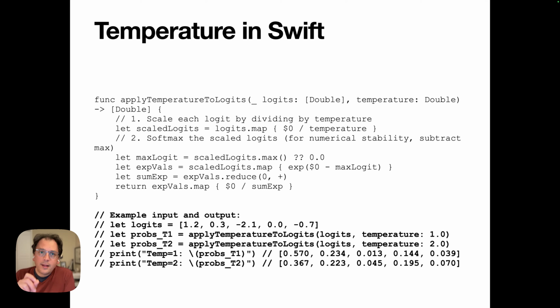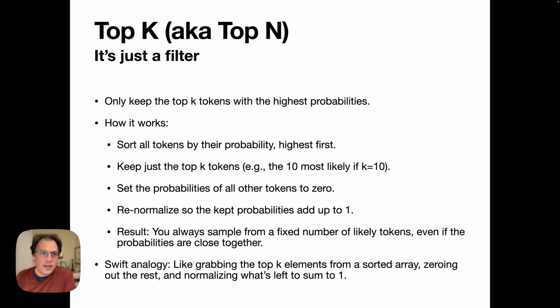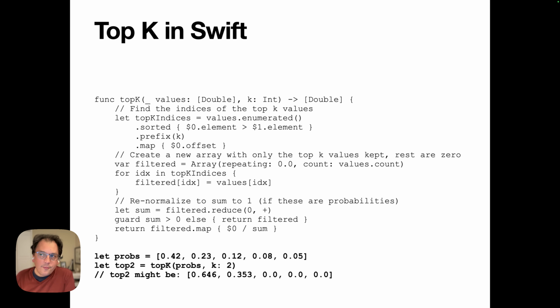I should explain that the method that calculates top K returns an array of the same length as it is presented with, because you want to keep the indexes of all the tokens.